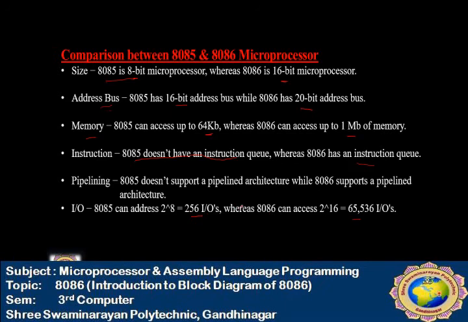This is also a difference. In terms of cost, the 8085 is lower and the 8086 is higher. This is the comparison you have to remember between the 8085 and 8086.